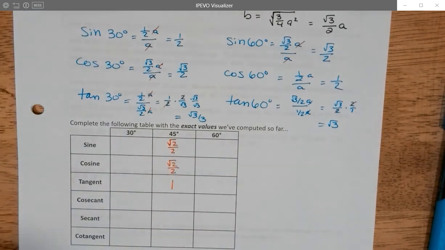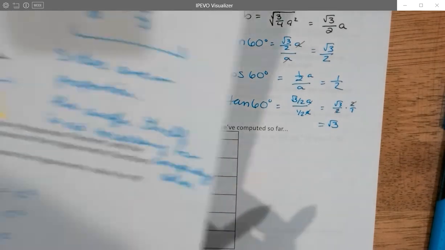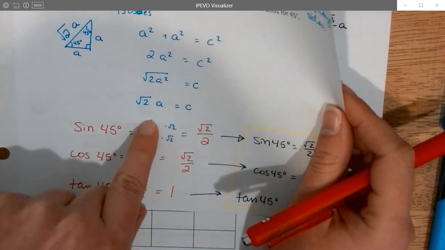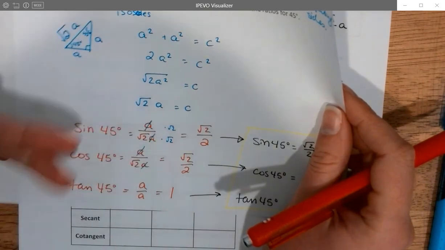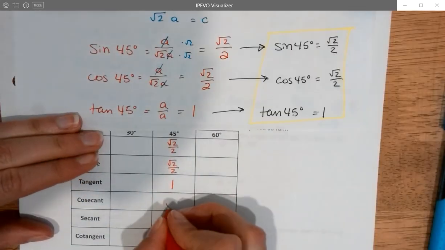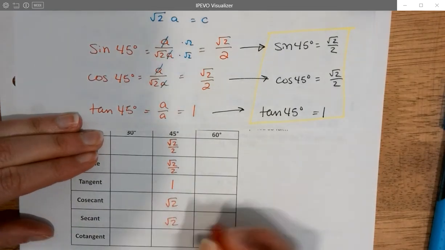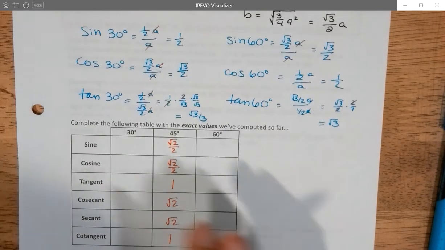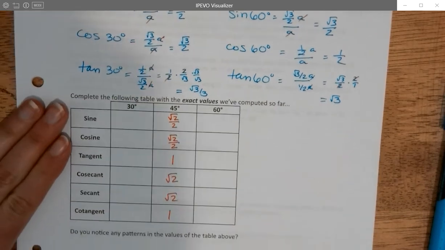On the previous page, we did not fill in the cosecant, secant, and cotangent, but they are the reciprocal functions. Remember that the sine was 1 over the square root of 2 before we rationalized, so if I take the reciprocal, the cosecant would be the square root of 2. The secant would be the square root of 2. And the reciprocal of 1 over 1 is still 1. So now I have all 6 of them for 45 degrees.